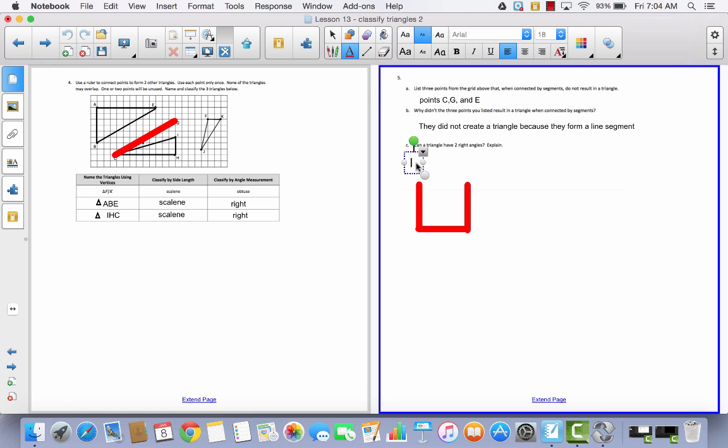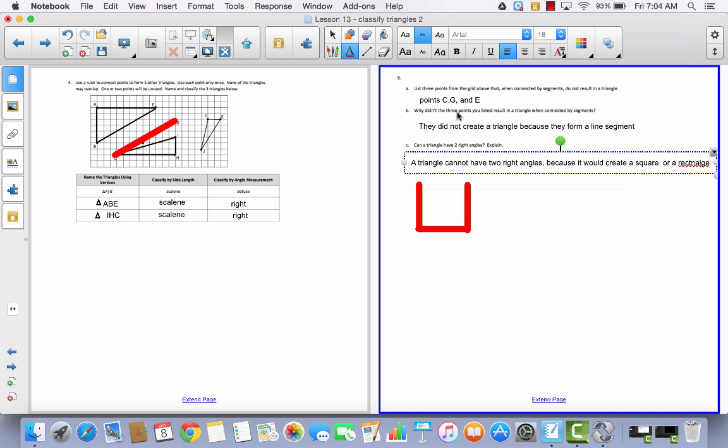So a triangle cannot have 2 right angles because it would create a square or a rectangle instead.